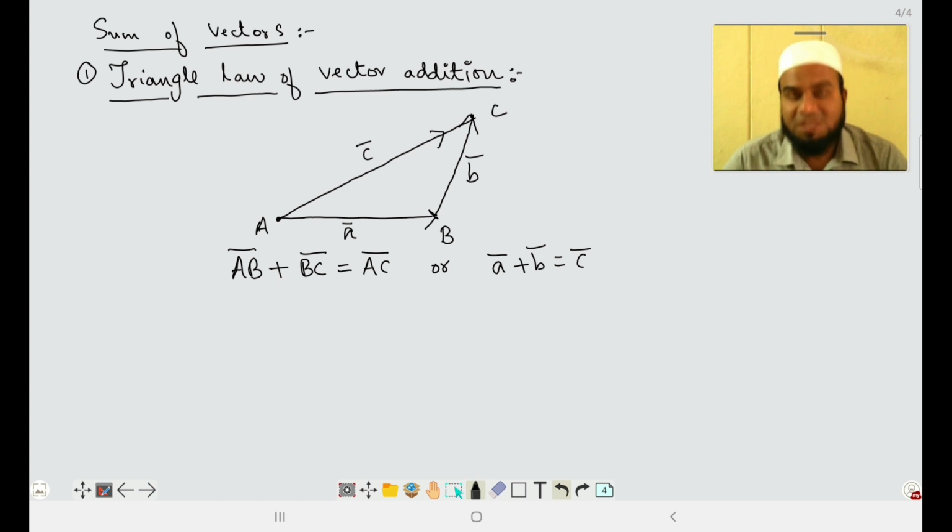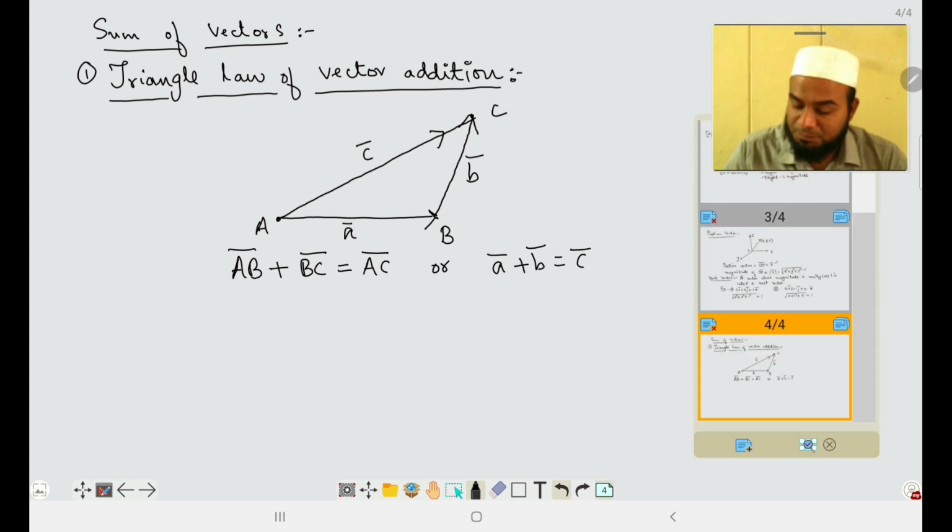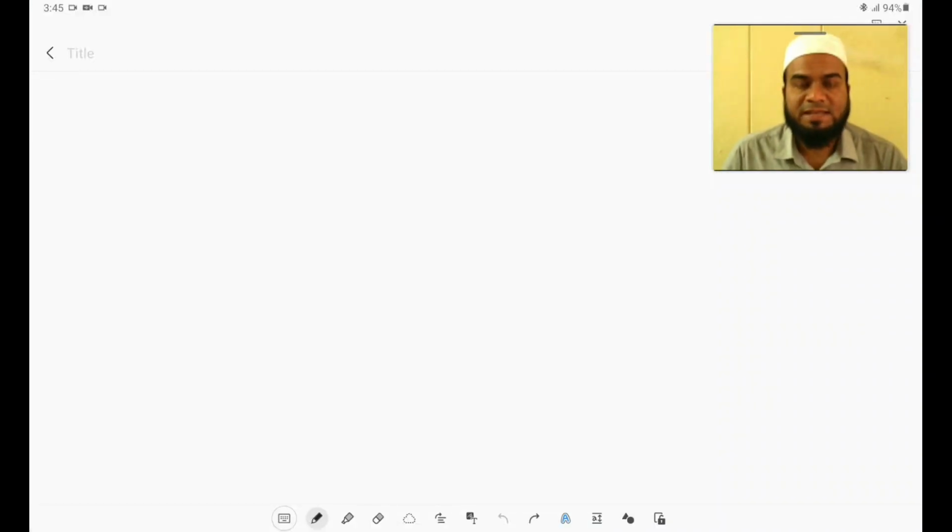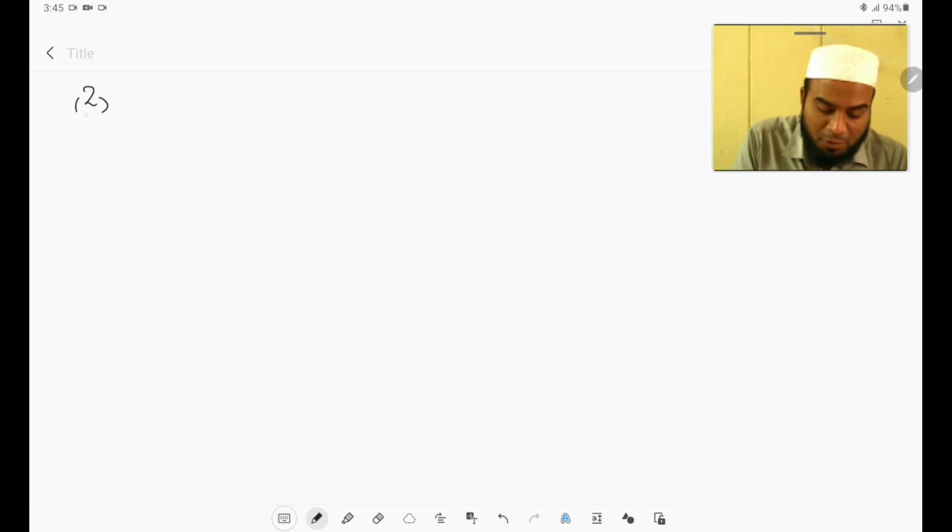So based on this, we can even define a parallelogram law of vector addition, that we'll see now. Now we'll see the second law of vector addition, that is the parallelogram law of vector addition.